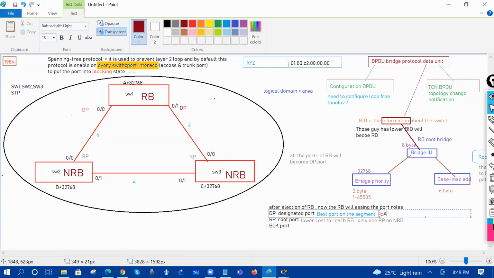Each segment has at least one DP, and each non-root switch, each non-root bridge, has at least one RP.